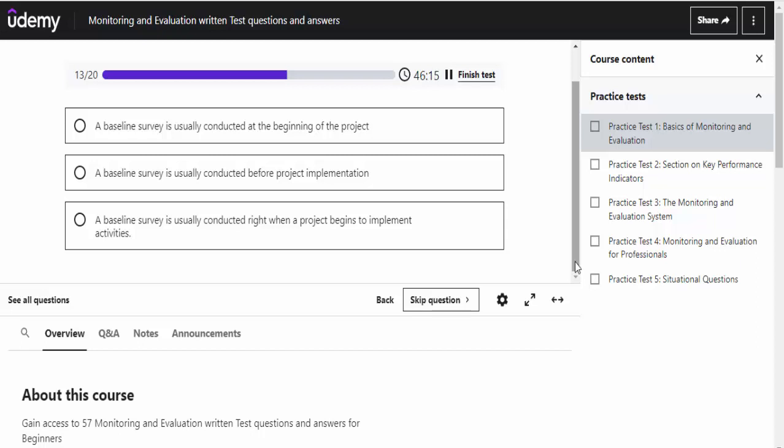Now the truth of the matter, and I won't be surprised if I get this wrong or correct, because sometimes these are tricky questions: the baseline survey in principle is supposed to be conducted before project implementation, not at the beginning. The reason is that it will give you the situation prior to when the project started.